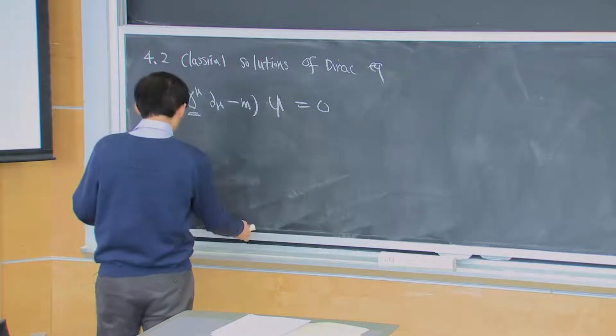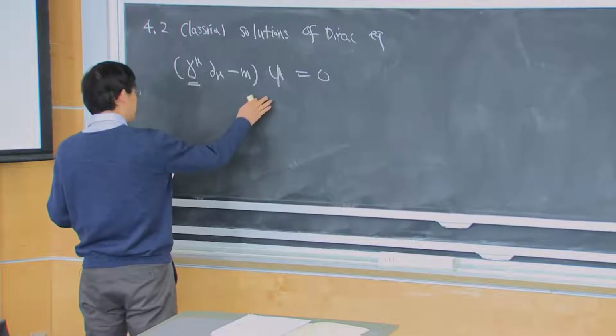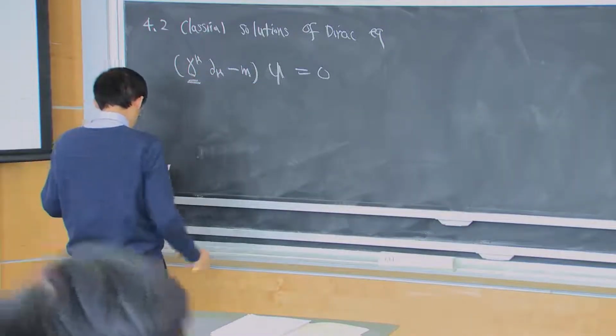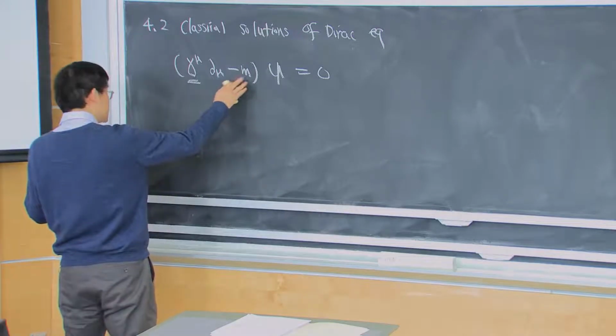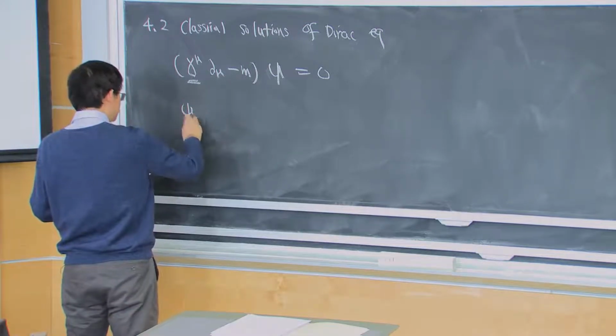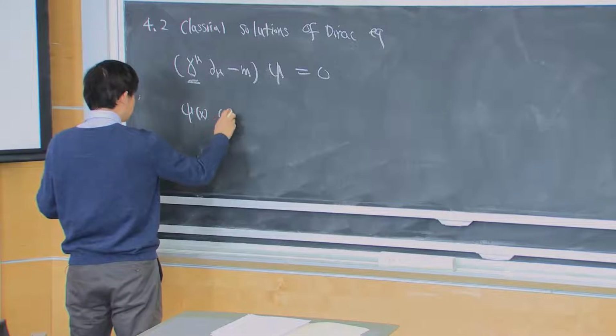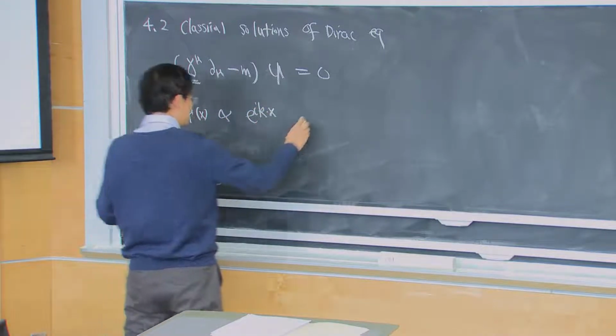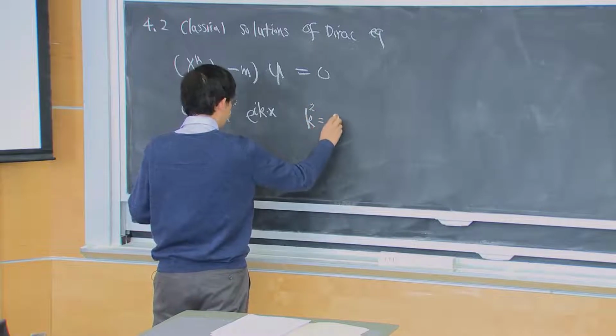And we already know, just from setting up the Dirac equation and the properties of the gamma matrices, that this should have solutions proportional to, say, a plane wave with k squared equal to minus m squared.